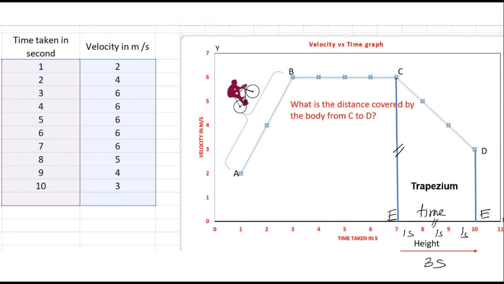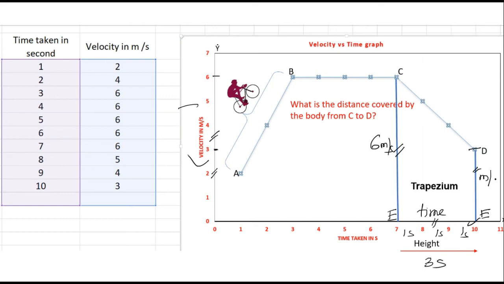So what is the length of CE, which is parallel to the y-axis, and what is the y-axis? Velocity, and where it meets the last point C, it's 6, so it is 6 meter per second. And what is the length of ED? ED again is parallel to the velocity axis, so D will end up here somewhere at 3, so it's 3 meter per second.